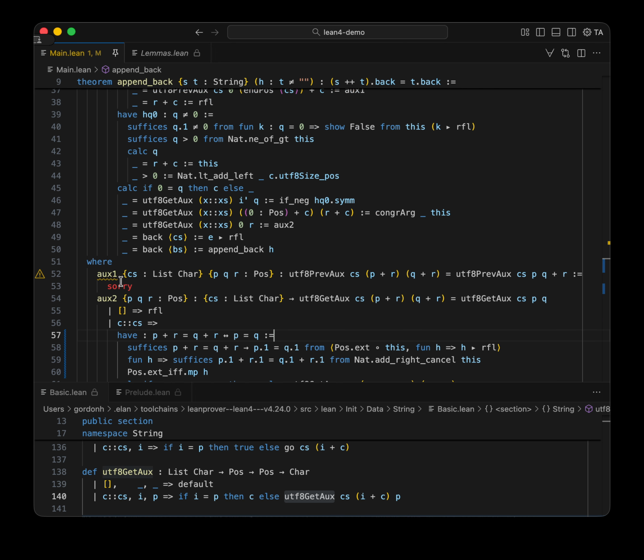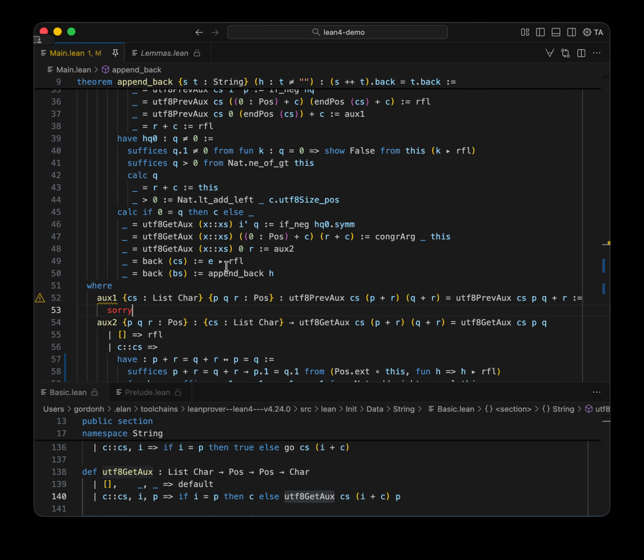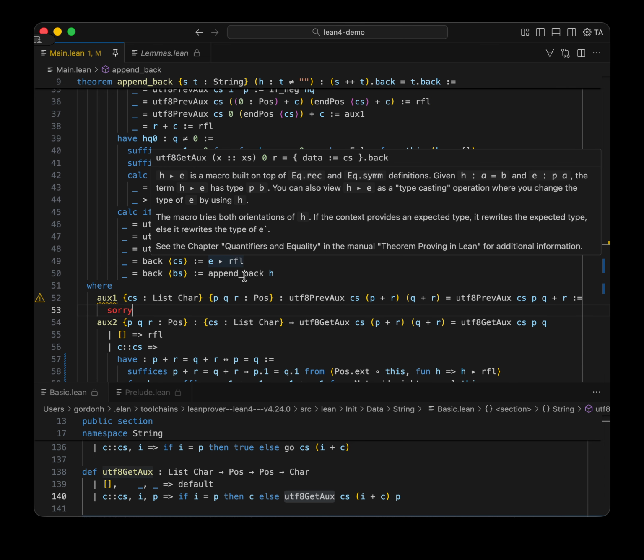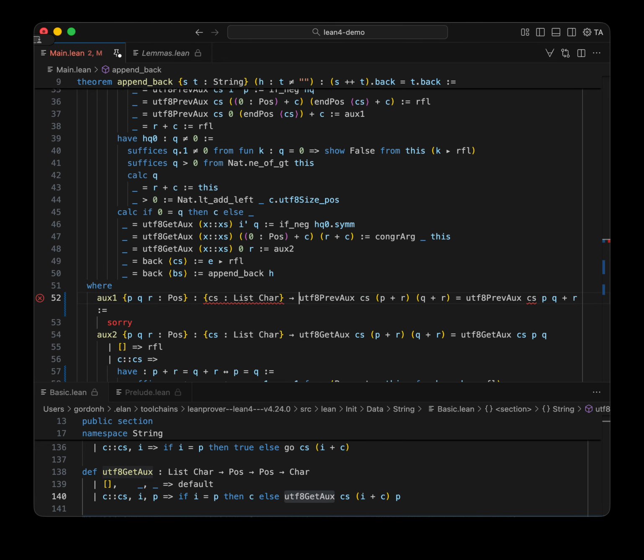Oh man, the last piece of the puzzle. Man, how long has it been? Let's try the same kind of argument. Just slightly too long.